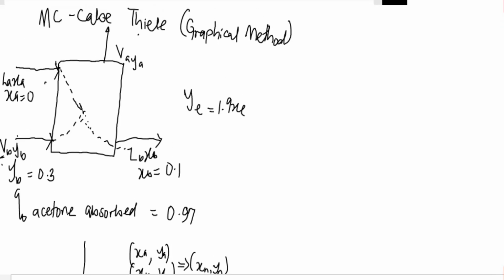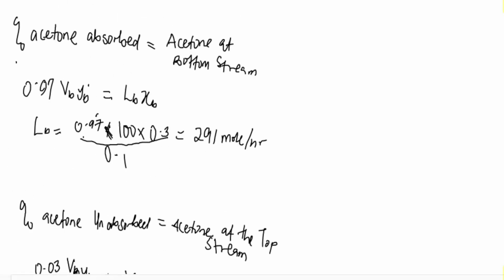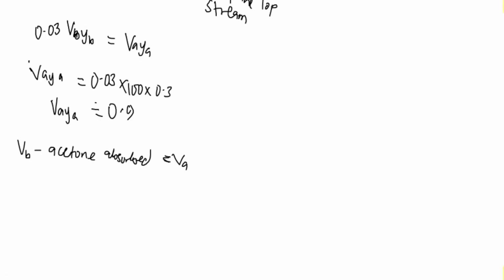Here it is. VB comes in, and acetone is absorbed. After the acetone is absorbed, the remaining part of VB, the air and the unabsorbed acetone, is what goes out here as VA. You get it, right? So VA is equal to VB minus acetone absorbed.